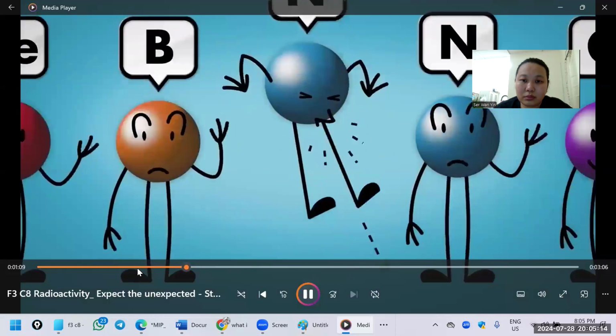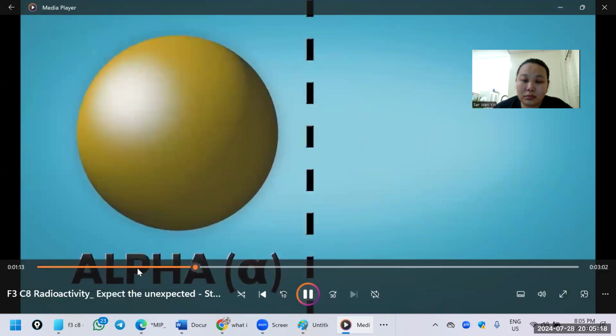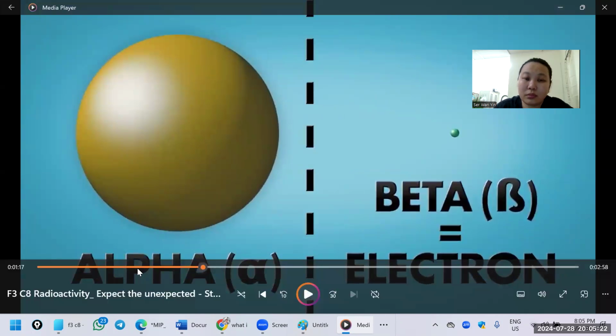Alpha is actually bigger because it's a helium nucleus.